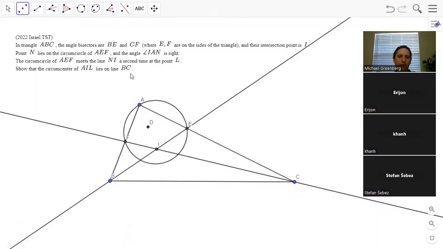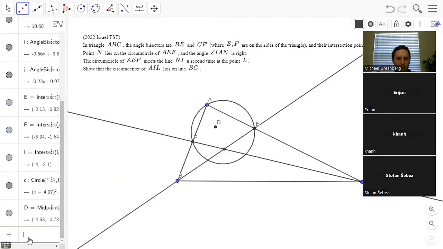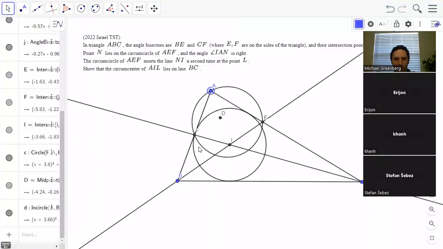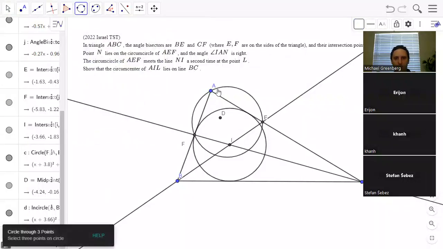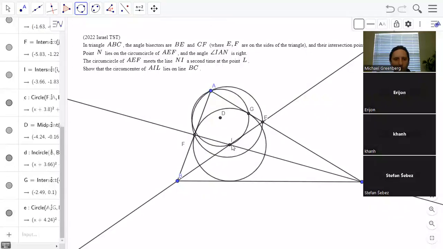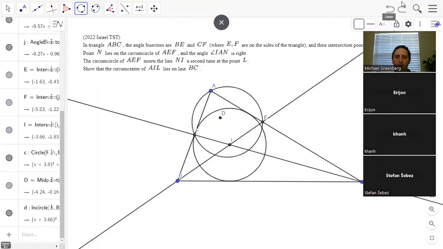So we should probably draw the N circle then, because IAN is right, sorry.